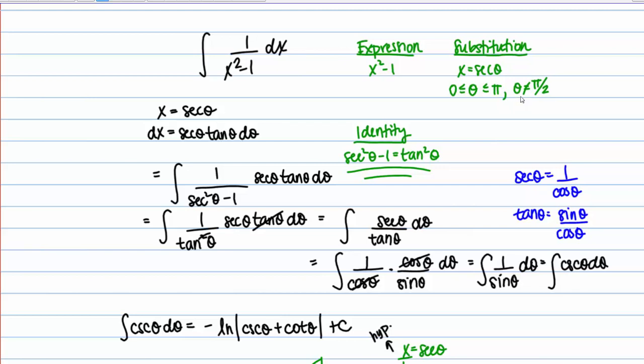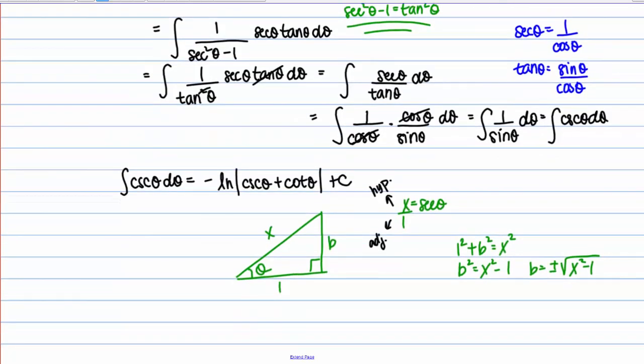But we said that these restrictions have an important consequence for us, and that consequence is that we will always be able to use the positive root when solving for the sides of our right triangles. So then I am going to be able to just use this positive root here, which means that my unknown side has a length of the square root of x squared minus 1.